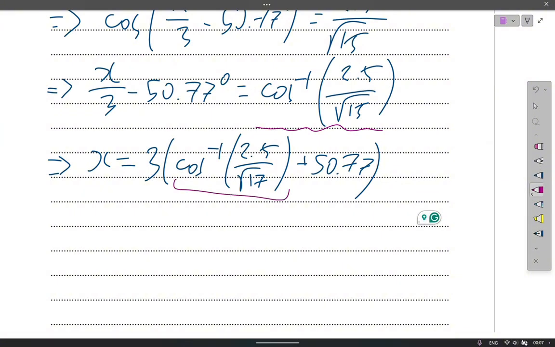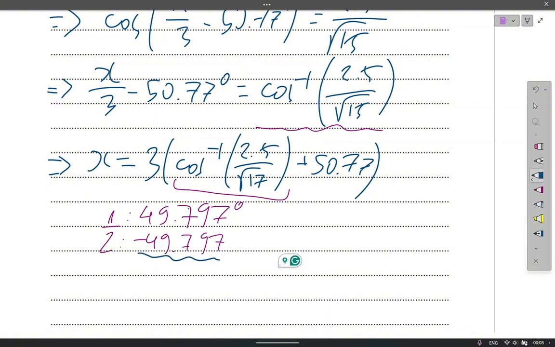So from here it can give two cases. First is 797 degrees, and the negative version is just negative sign. So one thing to remember, this value, negative 49, is smaller than the 50.77.